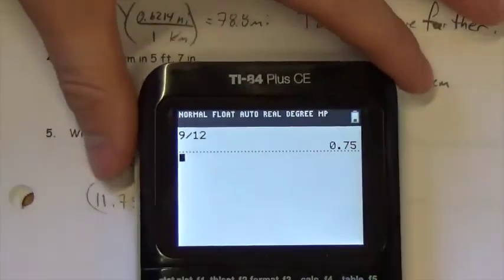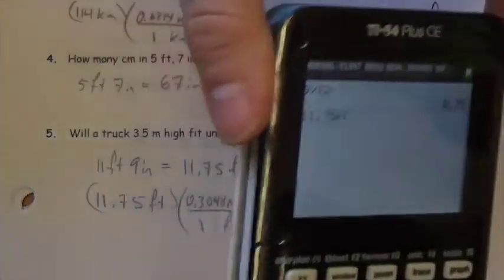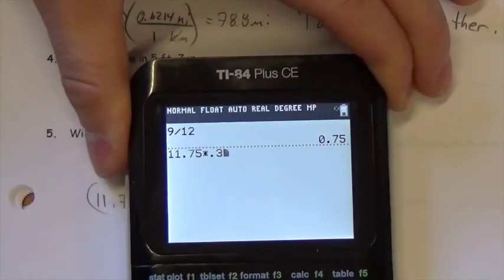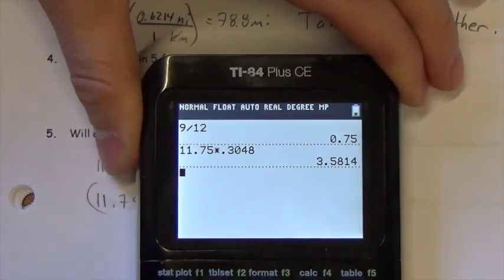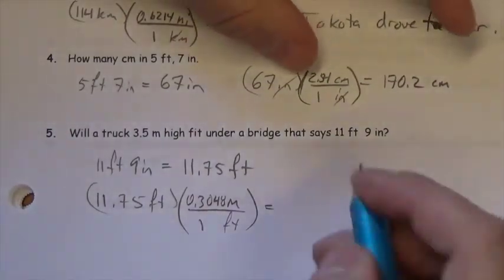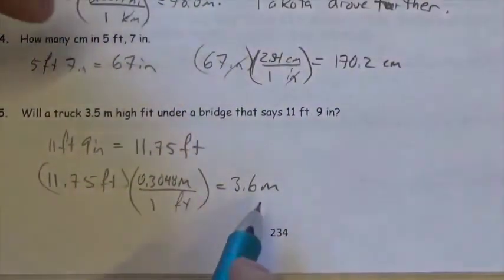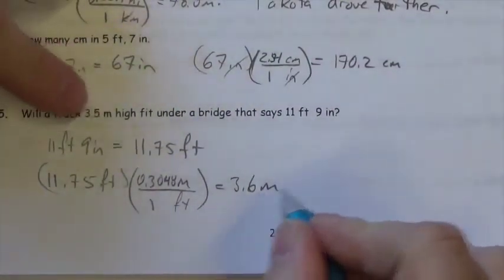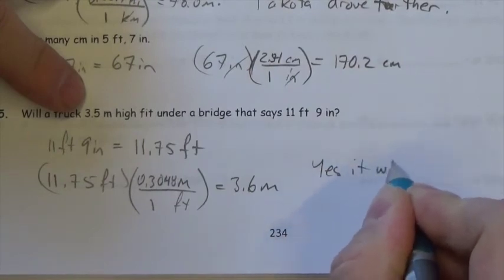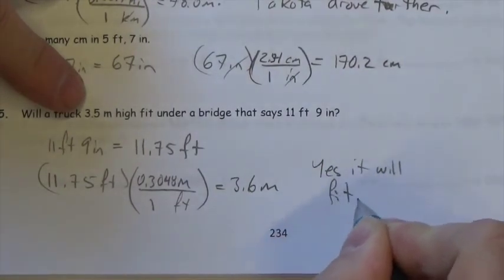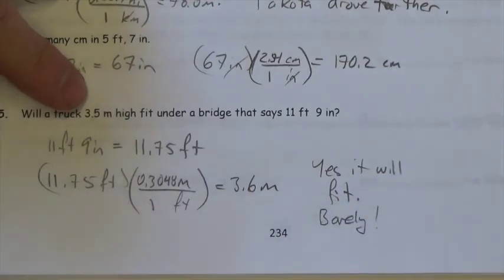I multiply 11.75 by 0.3048, which should convert this into meters. So 3.6 meters. Ooh, it's close. It's close, but it'll fit. Yes, it will fit. Barely.